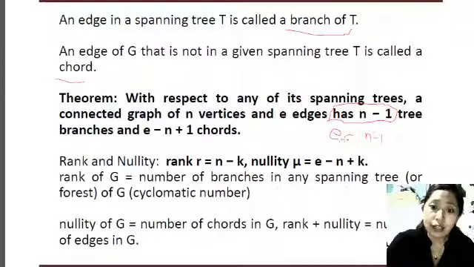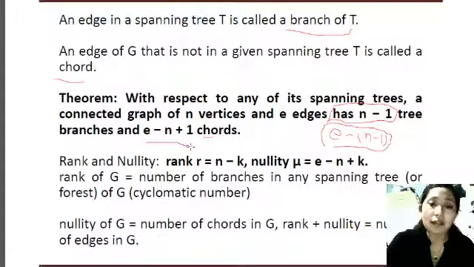Now if you perform this operation, E minus (n minus 1), that means if you exclude these n minus 1 edges from the total edges of this graph, then the remaining edges will be called chords of the given graph. So the number of chords with respect to each spanning tree for a given graph is E minus n plus 1.